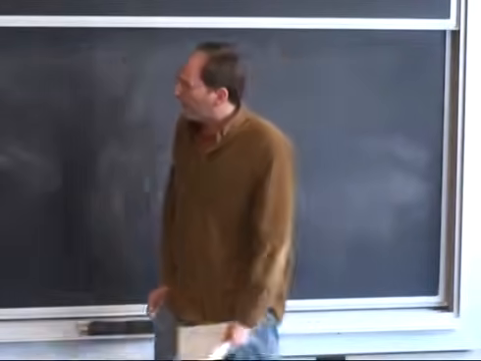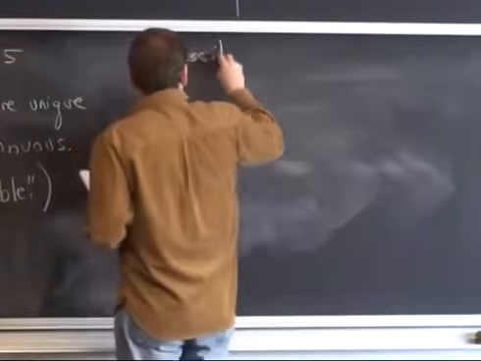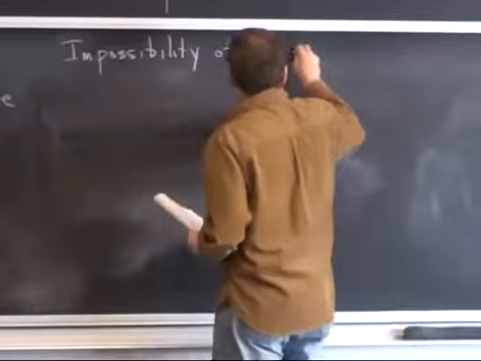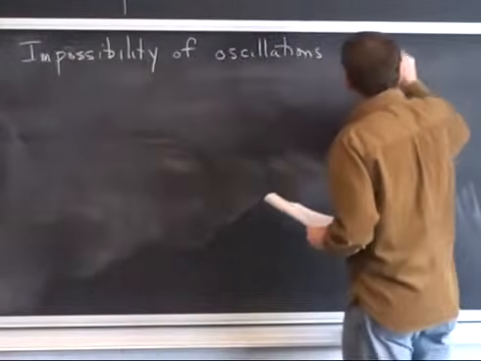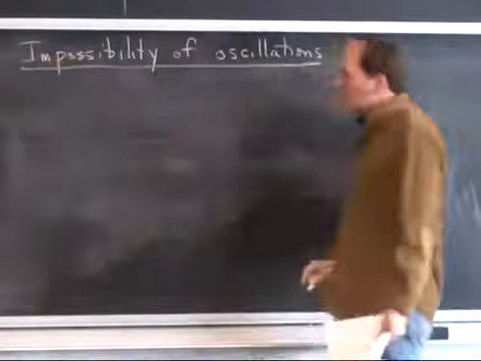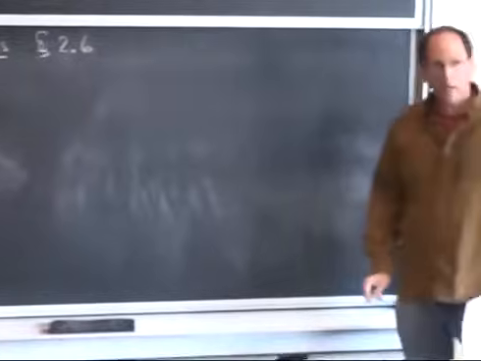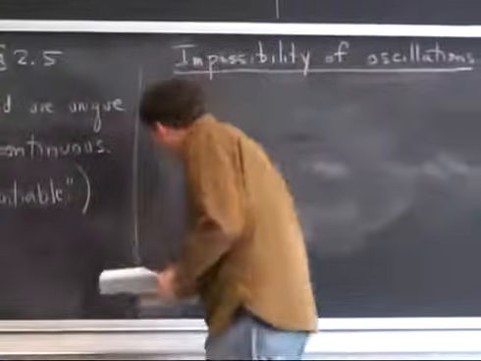And then the other that I want to mention, this is a little more interesting, I would say, is this remark, which is touched on in section 2.6 of the book, which is that if you ask what can these one-dimensional systems do, what kind of behavior can they have, they're very limited in what they can do.